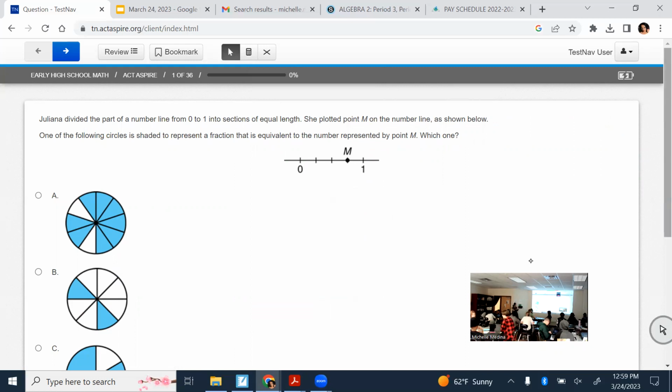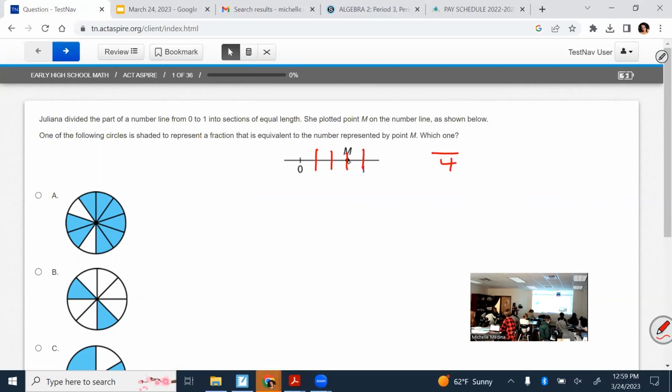So how many equal sections do we have on this number line? Not 5, 4. So when you count, never count where you have to start at as 1. So it's really 1, 2, 3, 4 equal sections total.